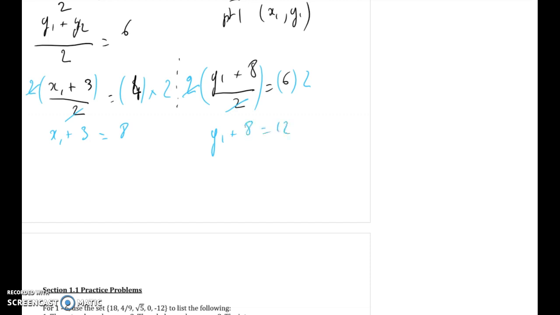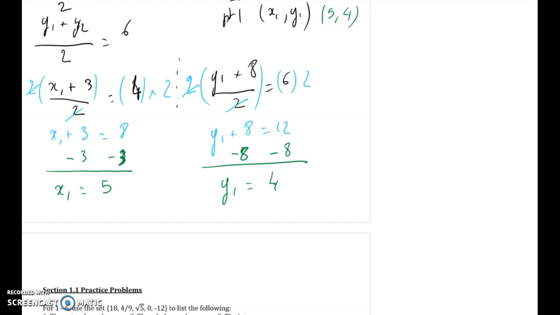I subtract by 8 on this side, I subtract by 3 on this side. And end up to have x1 equal 5 and y1 equal 4. The coordinate of the point 1 is going to be 5, 4.